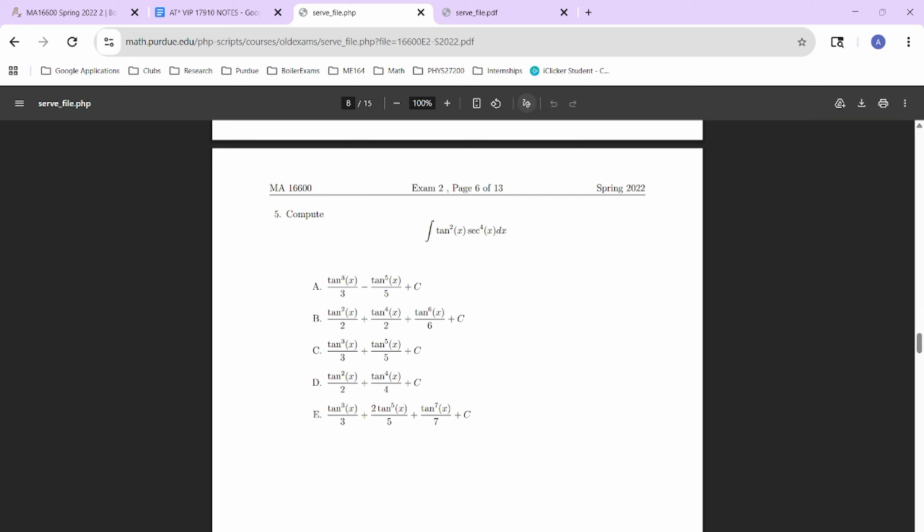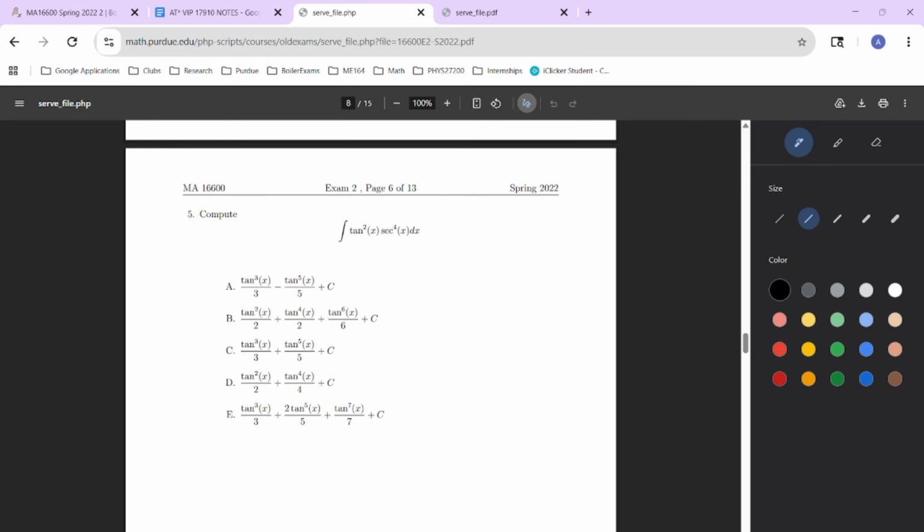Let us compute this integral shown below, the integral of tangent squared of x times secant to the 4th x dx. So the first thing that we must notice right off the bat is that we have an exponent greater than 2 here. And that's a pretty big no-no when it comes to evaluating integrals. The reason for that is because most of our identities, sine squared of x plus cosine squared of x is equal to 1, or tangent squared of x plus 1 is equal to secant squared of x, and vice versa.